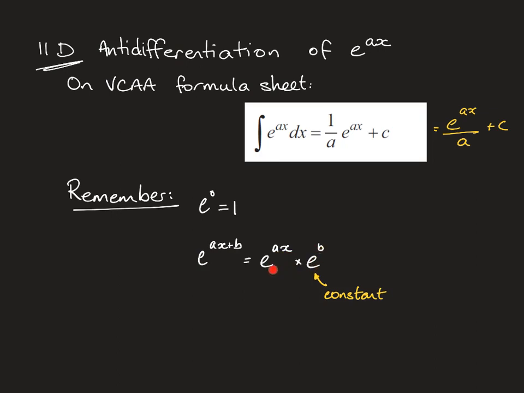When you multiply exponentials to the same base, you add their powers, and you can also do the same thing with division if you like. e to the ax minus b you can write as e to the ax times e to the minus b rather than the division. And this is still a constant as well.